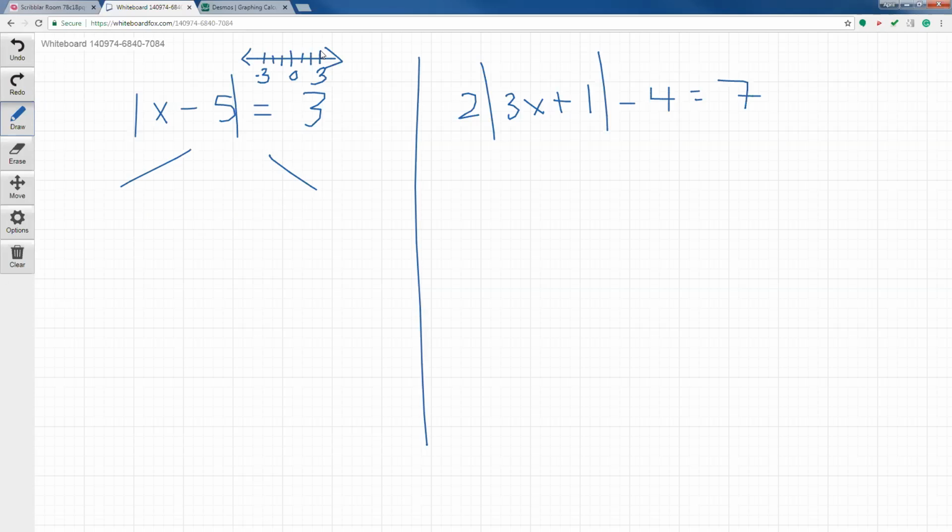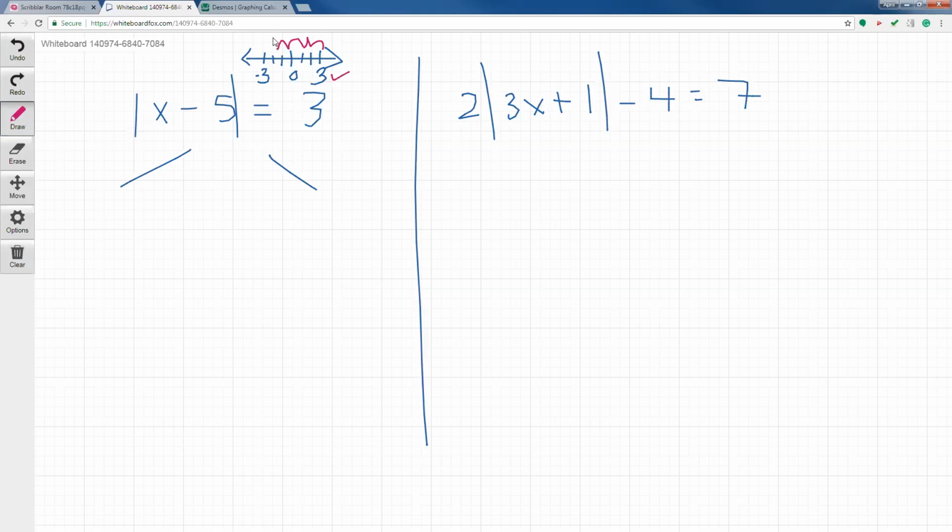So, absolute value is weird because there's actually two possibilities. If whatever's going on inside here equals 3, the absolute value is the distance from 0 to the number 3 on the number line. If you can move 3 spaces from 0, that's one option, the positive 3.